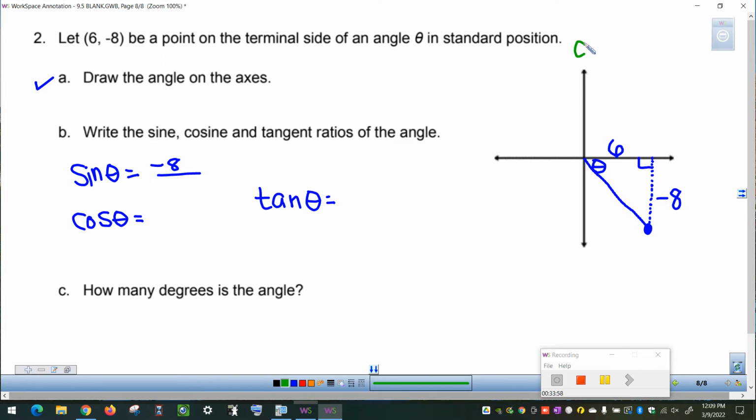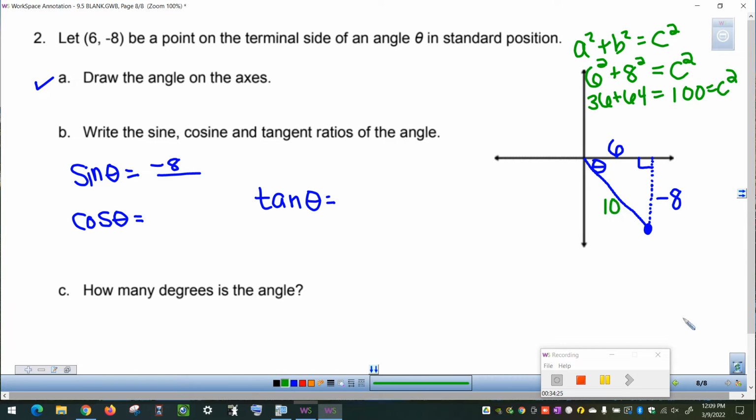Now we could do the Pythagorean theorem to solve for that third side. It actually doesn't matter here if you plug in positive 8 or negative 8 for that part of it, because when you square it, they're both going to become positive. And so this ends up being 36 plus 64, which is equal to 100.